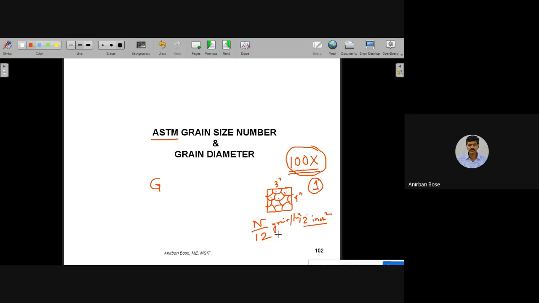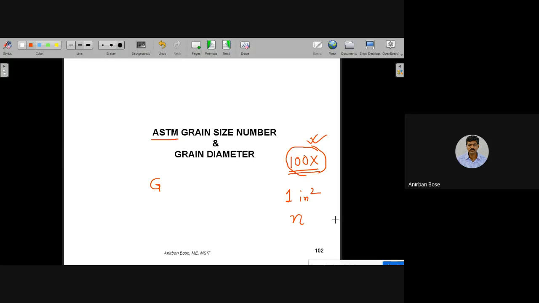So basically the idea is, you observe a 1 inch square area, this is the basic idea. And if you look through 100 magnification, suppose there are n grains present.